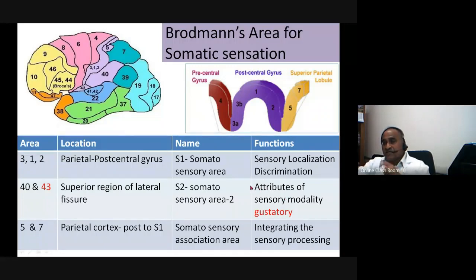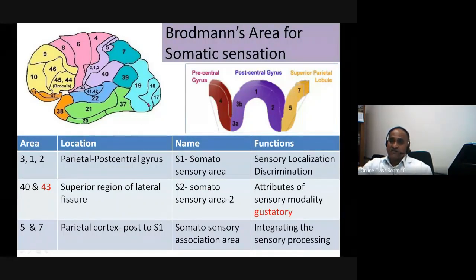It tries to provide the attributes of the sensory modality and analyzes it. In the first one, sensory localization and discrimination take place, and here in 40 and 43 the attributes of the sensory modality are given. Especially area 43 is for taste, that is, gustatory sensation.